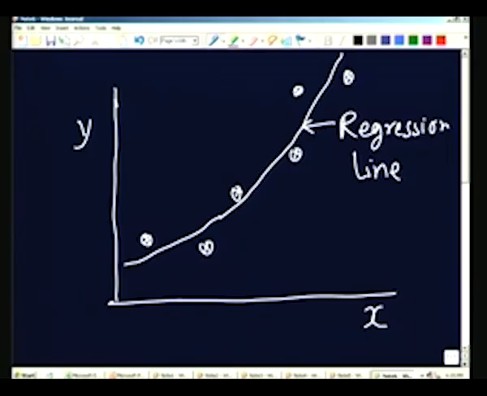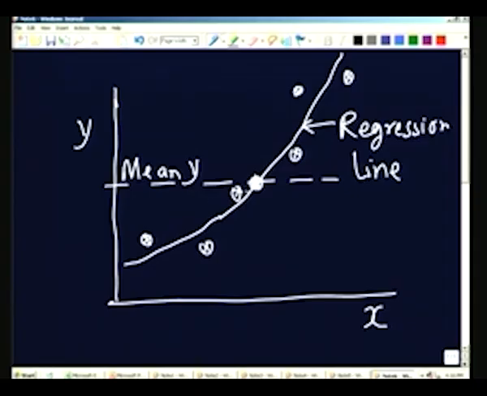So, if I look at this, suppose I identify the mean value of the y. Let us say the mean value of the y is here, this is the mean y. Of course, we know that this line will pass through that mean value.